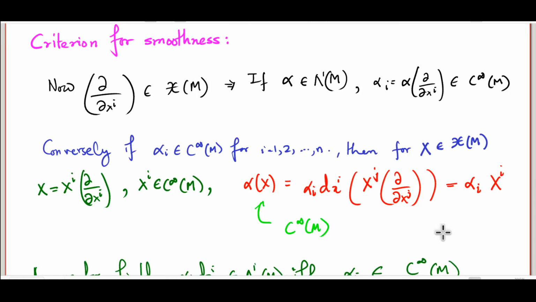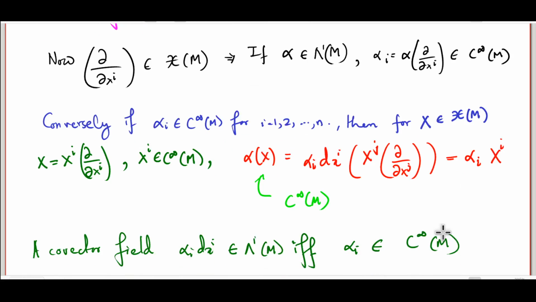Therefore, what we conclude is that a covector field alpha given by alpha i dxi in this coordinate representation will belong to lambda 1 of M, that is, will be a smooth covector field or a differential form, also known as a one form, if all the alpha i's are smooth functions, and only if all the alpha i's are smooth functions.